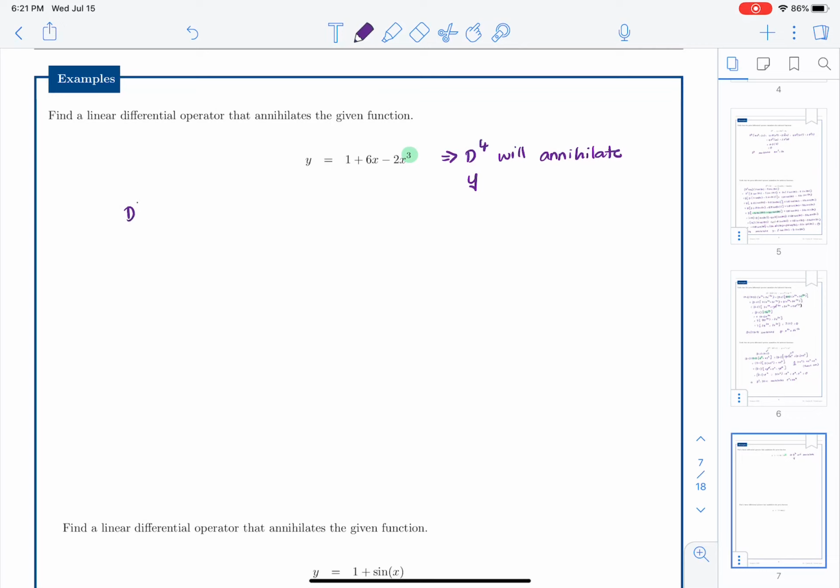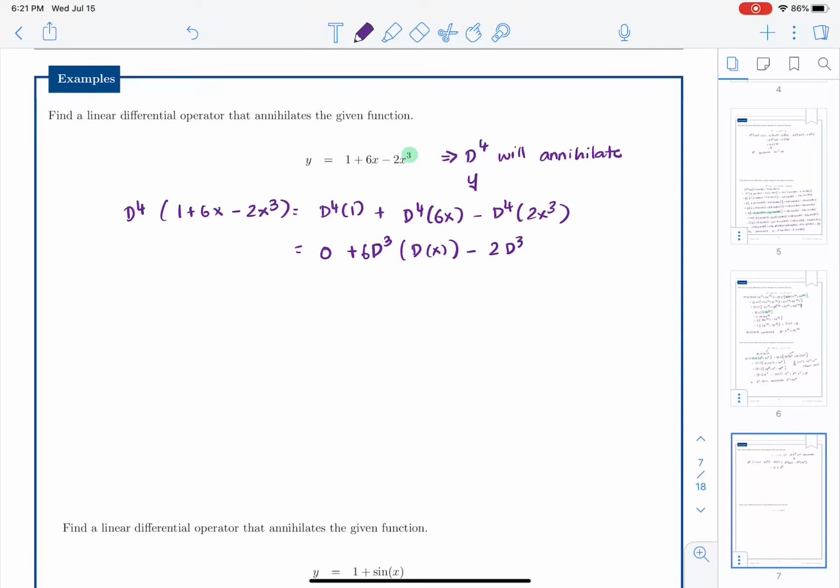So D raised 4 of 1 plus 6x minus 2x cubed equals D raised 4 of 1, plus D raised 4 of 6x, minus D raised 4 of 2x cubed. Fourth derivative of 1 is 0. I could write this as 6 D cubed D of x minus 2 D cubed D of x cubed.